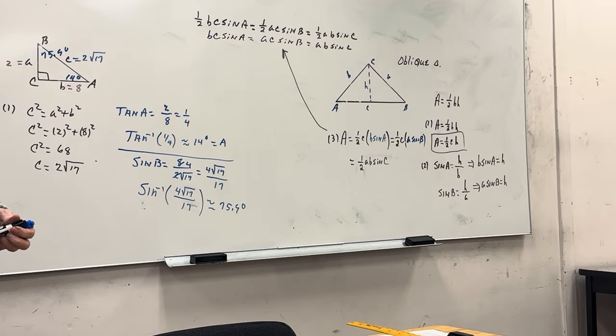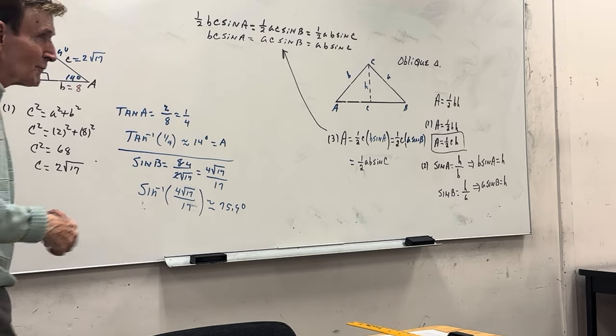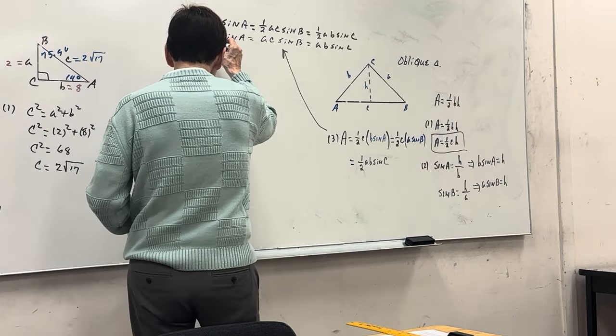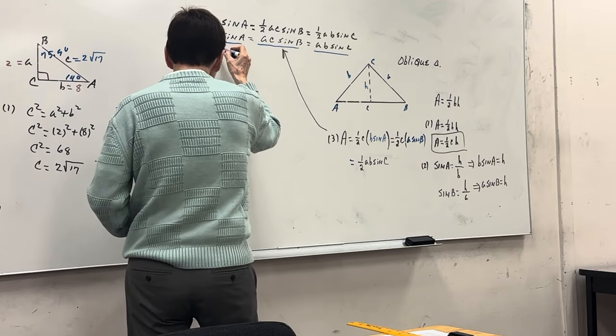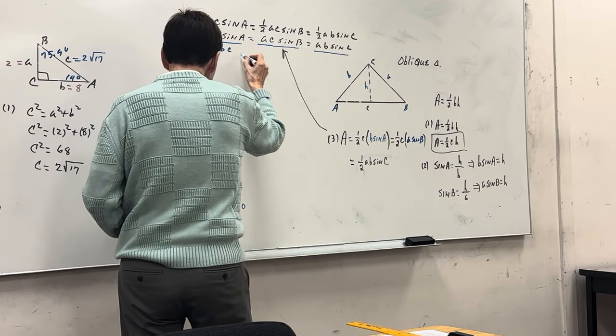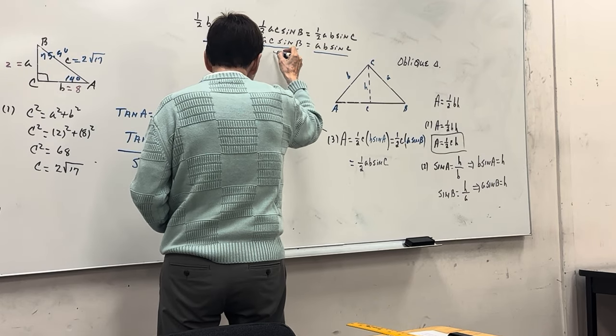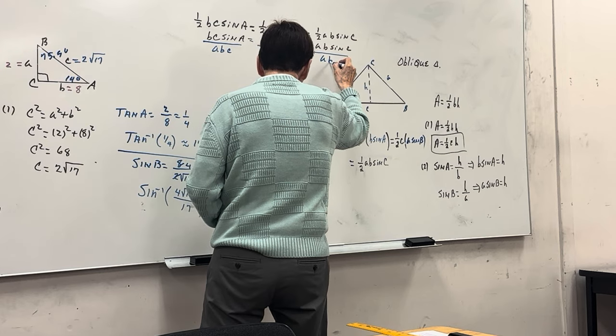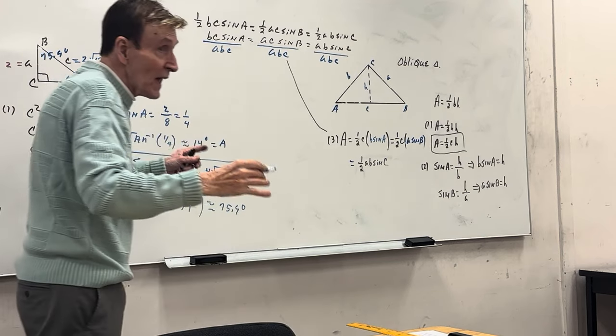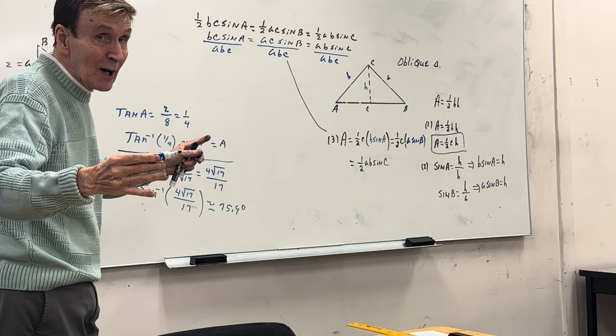Now watch what's gonna happen as we take a break. We're gonna divide everything by A, B, C, the product of both sides, for a reason. Which is valid. And then clean up each one of them.